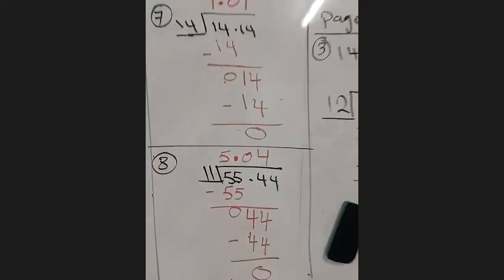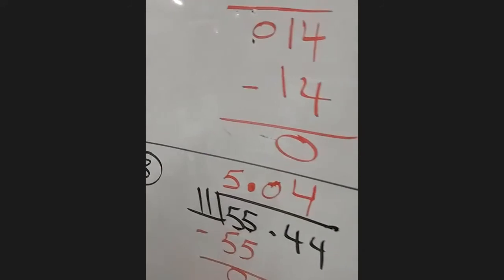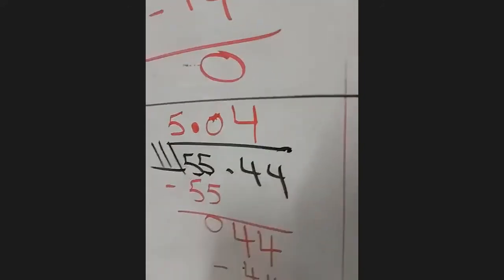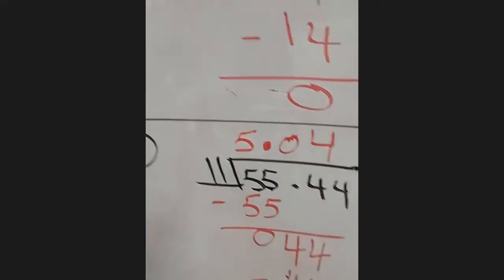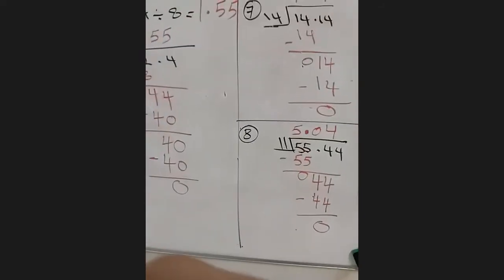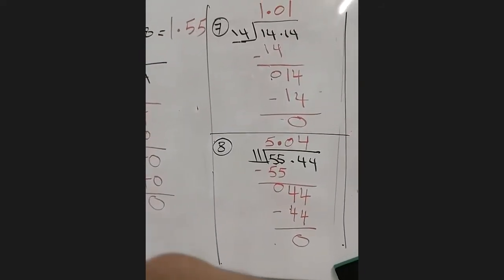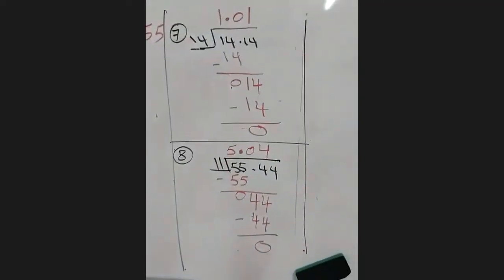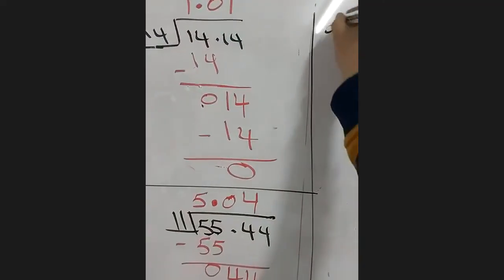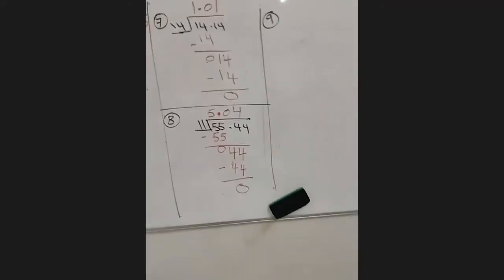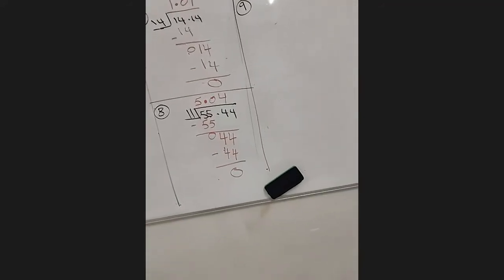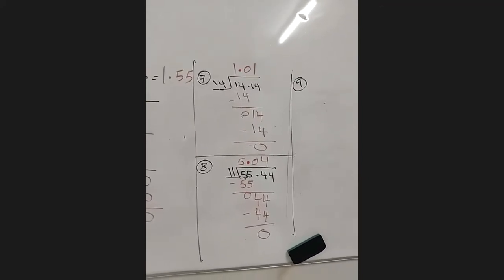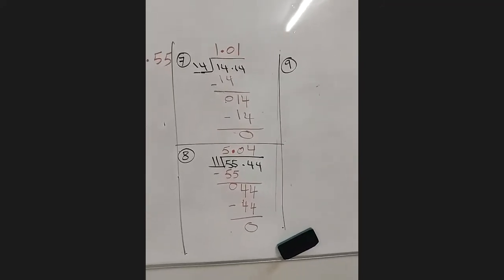Question 9, I'll do it quickly, guys. The question said divide, round to the nearest tenth. We did rounding before, no need to round, we will divide on all.